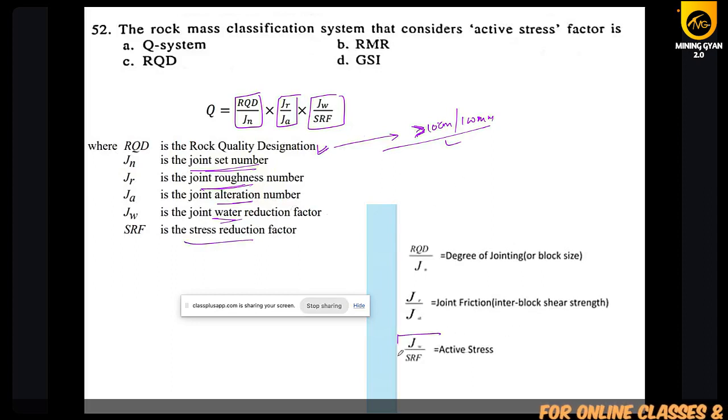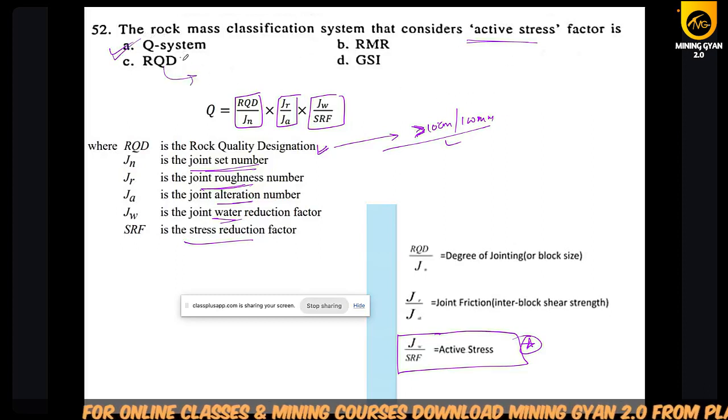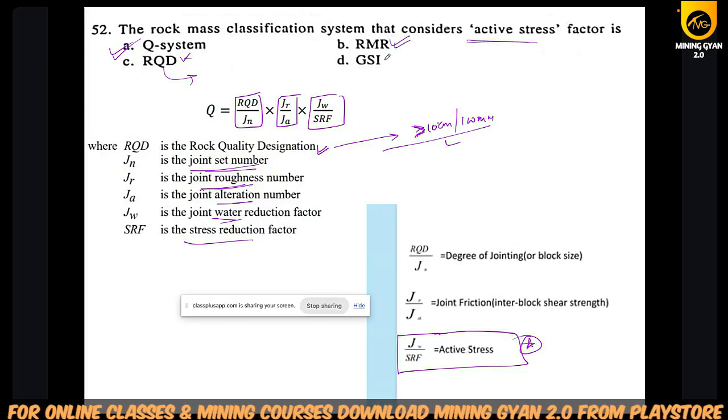And we have seen that Jw by SRF is known as the active stress. So we have seen the active stress factor in the Q system. When you see this question, you should know the RQD formula, RMR formula, and GSI. What is the GSI, etc.